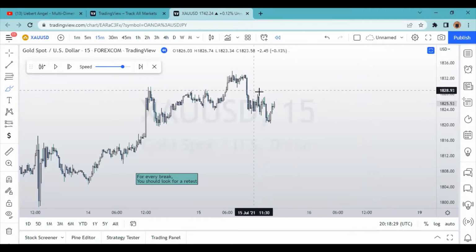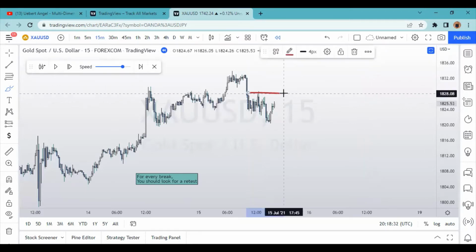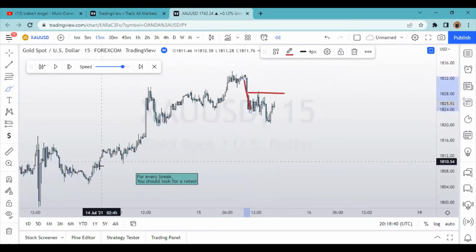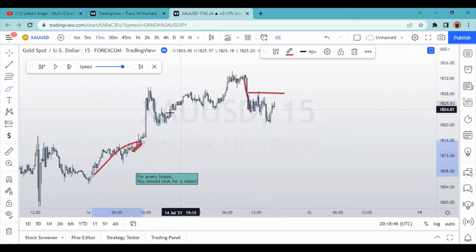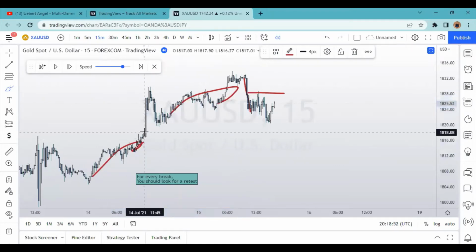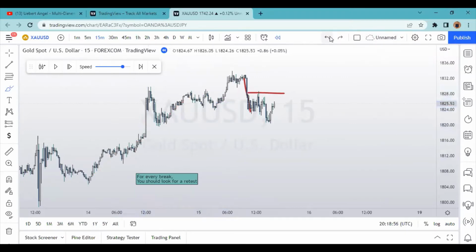Always, because if you are here right now looking for buys, it's not going to work, because it's not going to last, because the sellers are literally taking over this entire trend. If you understand how to read momentum, you'll see that buyers have been losing their grip here, and they just gave their last push here. So it's very important that you are able to read what price is saying in that moment.